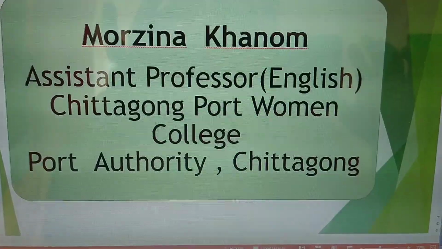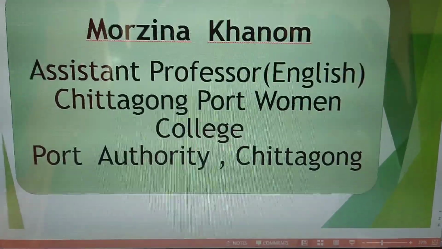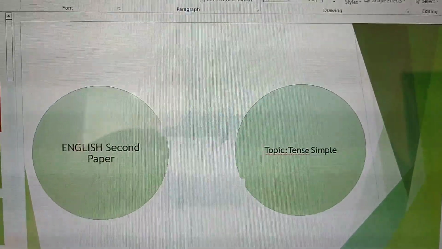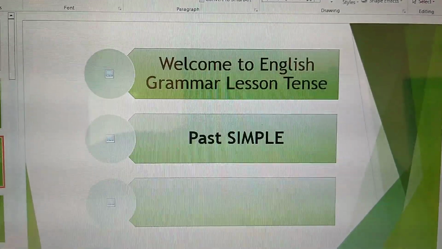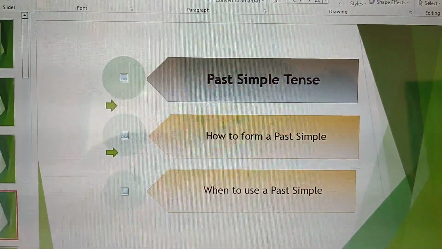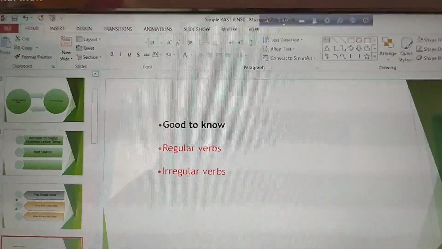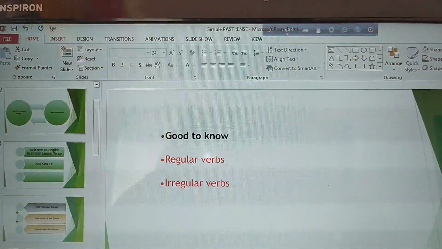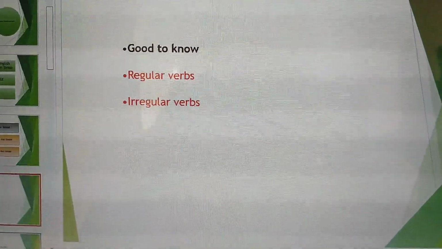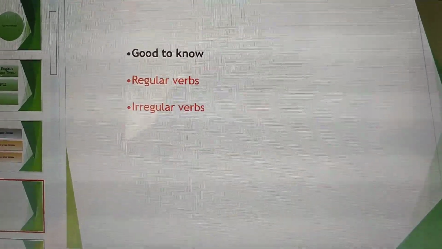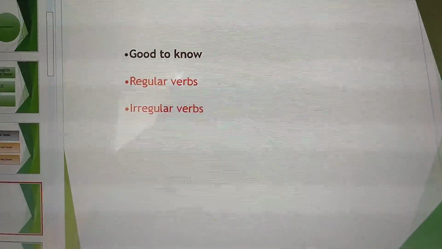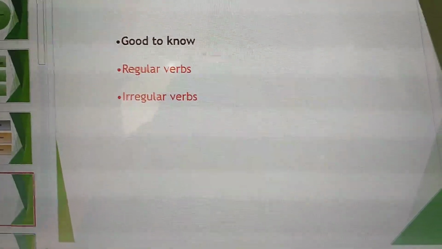But before we get started, it's good to know that in the English language there are regular and irregular verbs, and it is advisable that you study the most commonly used irregular verbs. Now let's get started. Take a look at these sentences.